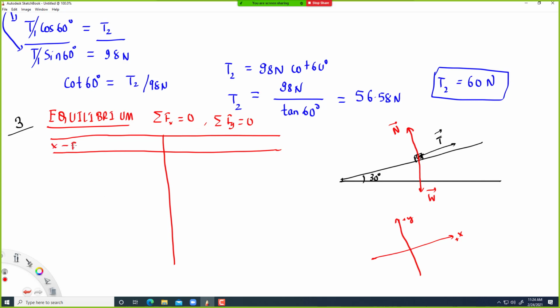So let's write all the x forces and all the y forces. This T is along the x direction, so we have tension. And our y-axis is along the normal, so this normal is along the y direction. So N.